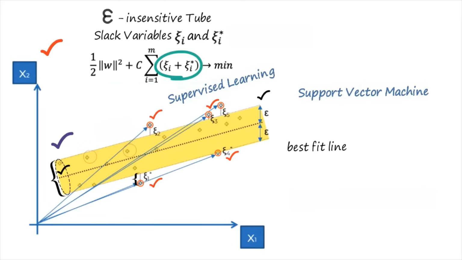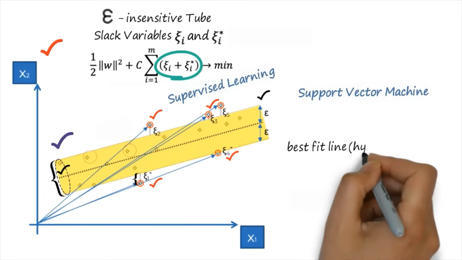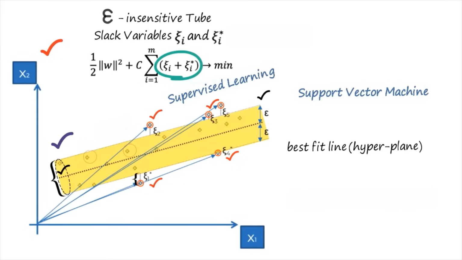In SVR, the best fit line is also known as the hyperplane that has the maximum number of points. In this case, this one is the hyperplane that you can consider, where you are trying to find the hyperplane that has the maximum number of points.